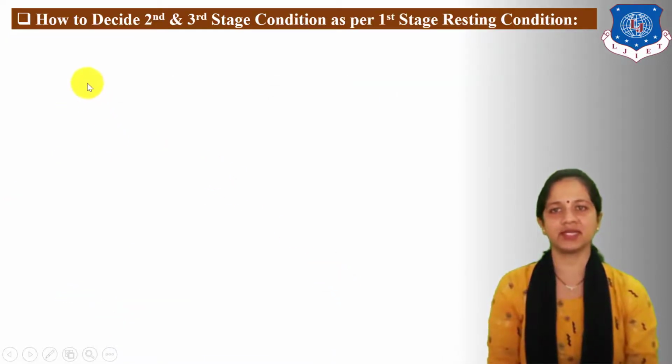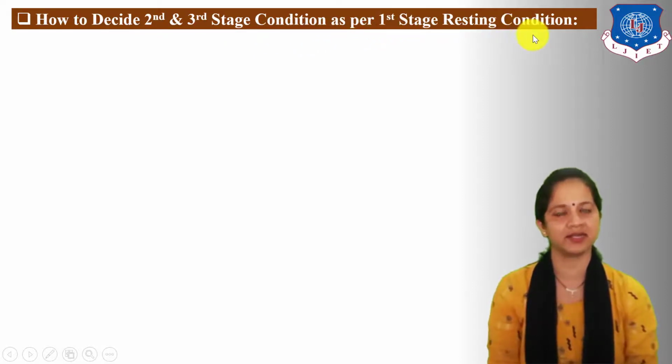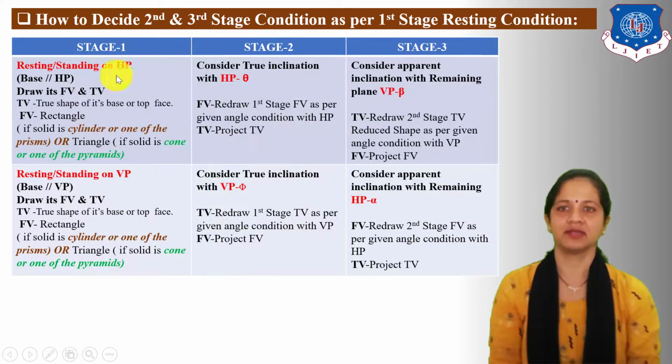Next, let us understand how to decide the second and third stage conditions as per the first stage resting or standing condition. Now the stage-wise drawing steps of projection of solids are similar to projection of planes. Here the stage 1 condition is given resting or standing on HP, so the base is parallel to HP.